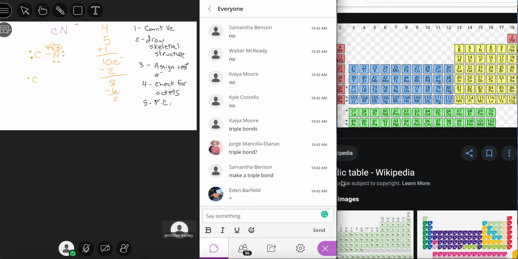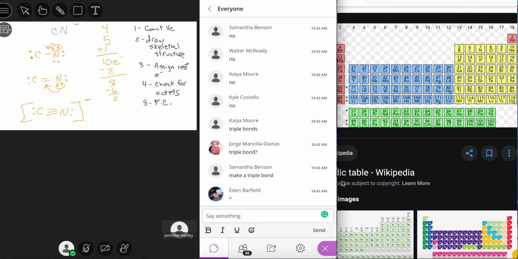So that's going to give me carbon, double bond, nitrogen. But again, it still doesn't have an octet, it's just got 6. So we're going to move these. And then our final structure is going to look like this. And then, of course, we remember the brackets like that. And now they both have an octet, and we've used all of the electrons. So we're done with that.